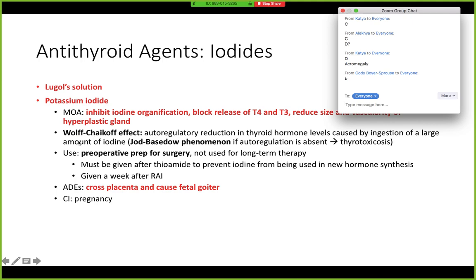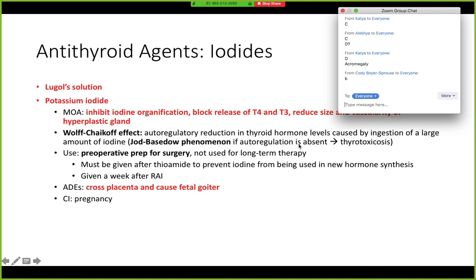Let's see. Then also you have something known as the Wolff-Chaikoff effect, and this is an autoregulatory reduction in thyroid hormone levels caused by the ingestion of a large amount of iodine. And then the Jod-Basedow phenomenon.